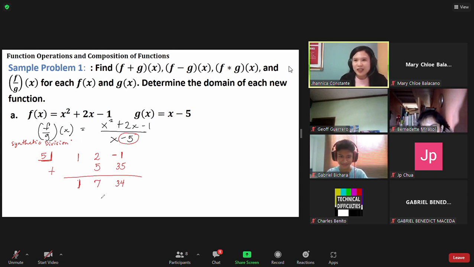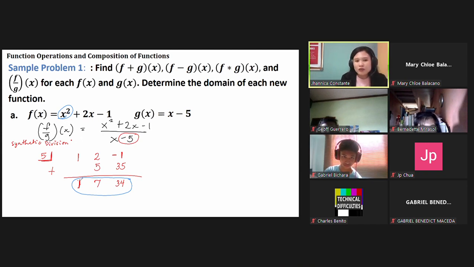After solving using your synthetic division, the numbers that you have below will stand as your coefficients, the constant number, and the remainder once you divide the function that we have. Since the first term in the function is x squared, deduct one exponent from the first term. So the degree will become 1.